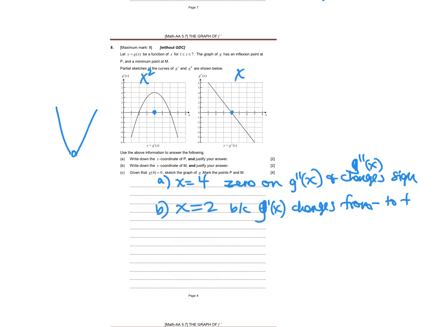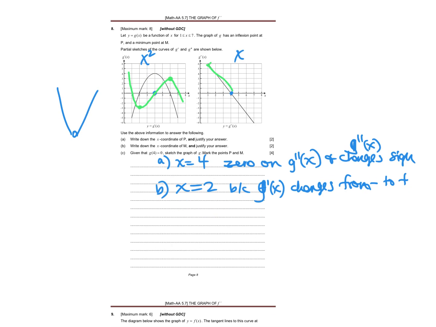So negative gradient, like this, and then there's a minimum at 2, and then there's a point of inflection where it goes from concave up to concave down. Then there's a maximum at 6, so something like this. It's positive gradient from 2 to 6, and then it starts going down. It can be any vertical stretch on that.